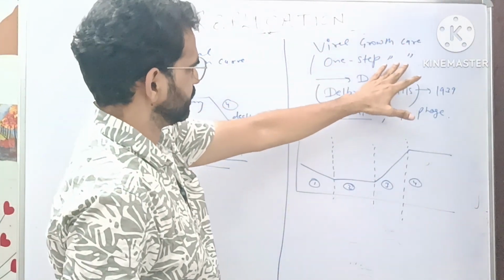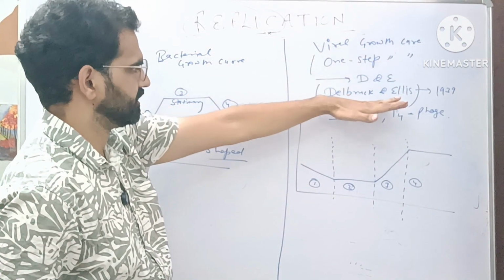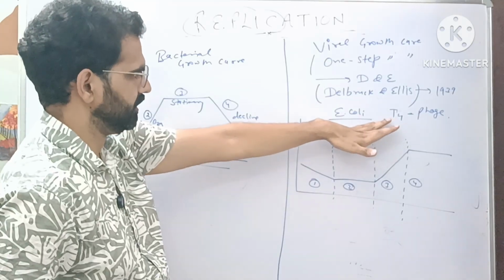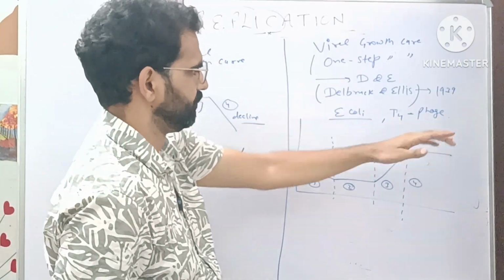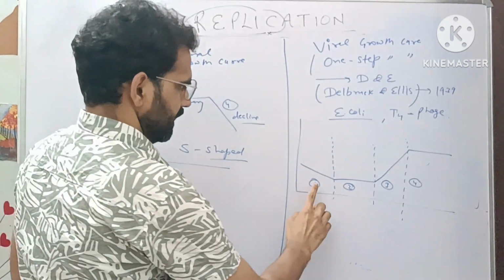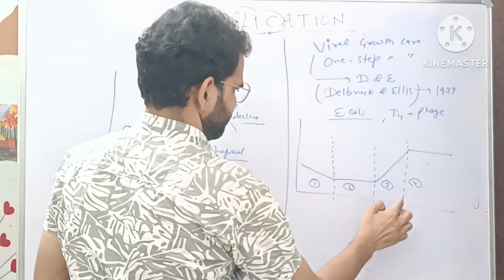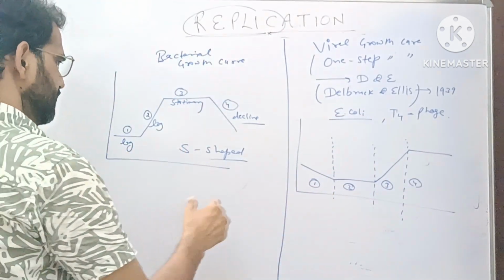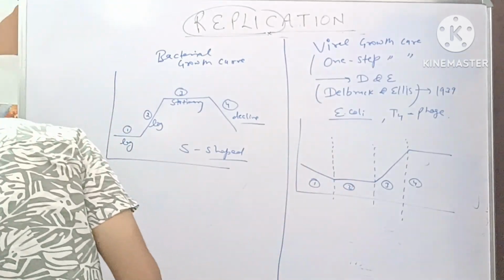But viral growth curve, one-step growth curve, explained by Delbruck and Ellis on E. coli with the T4 bacteriophage, which is a virus which attacks the bacteria. There are four phases.